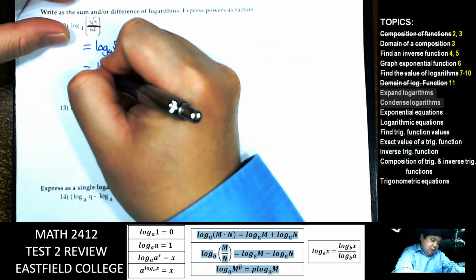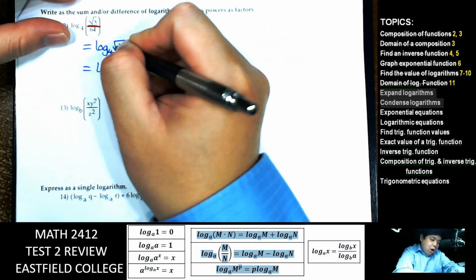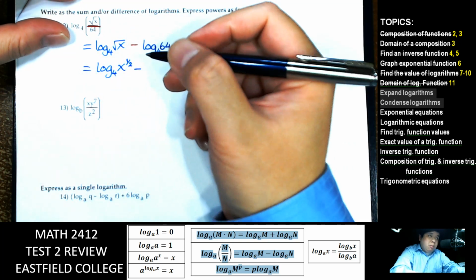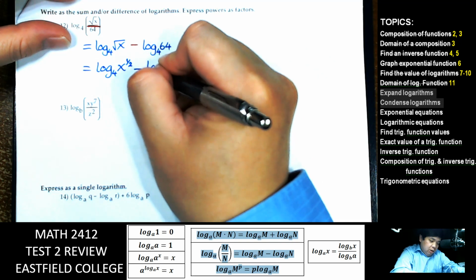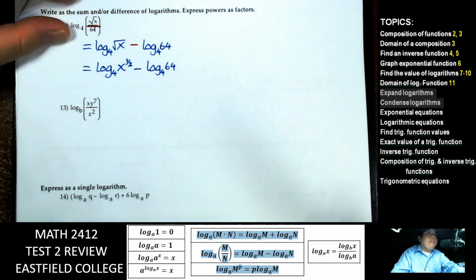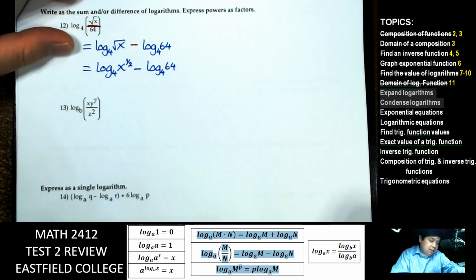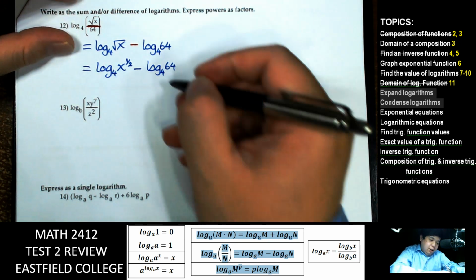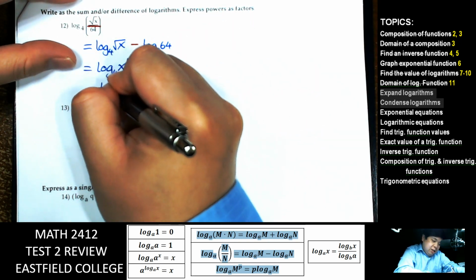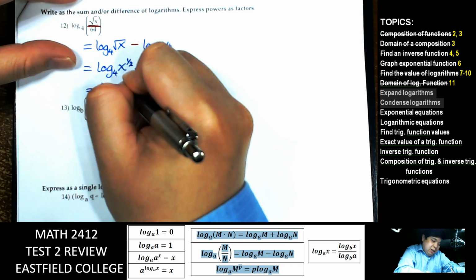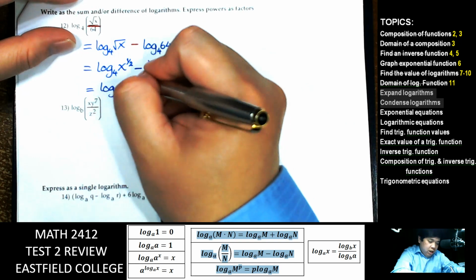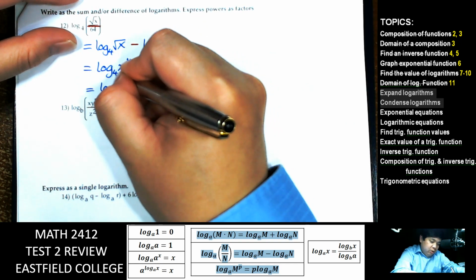And next we can write log base 4 of the square root of x. We can write x to the 1/2, and we will take the 1/2 power outside.